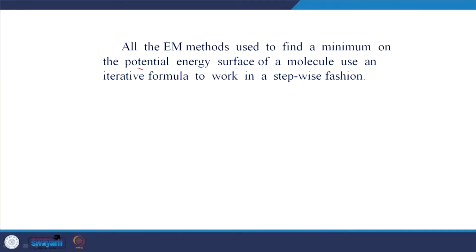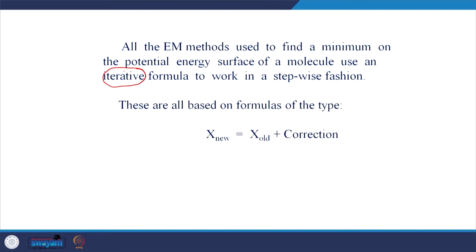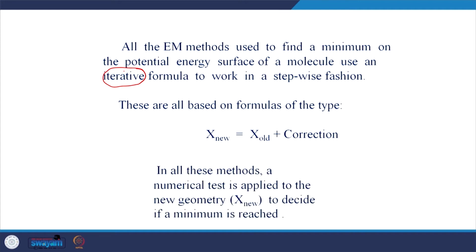If you remember, this is one thing I have talked about continuously. Iteration is what a computer is doing for you. These are all based on a formula of the type x new equals x old plus the correction. In all these methods, a numerical test is applied to the new geometry to decide if a minimum is reached.